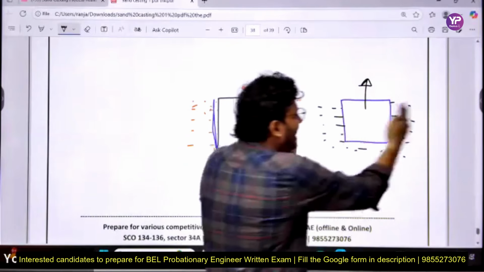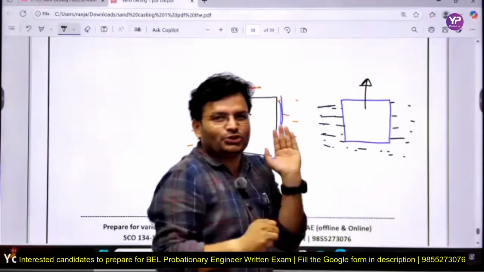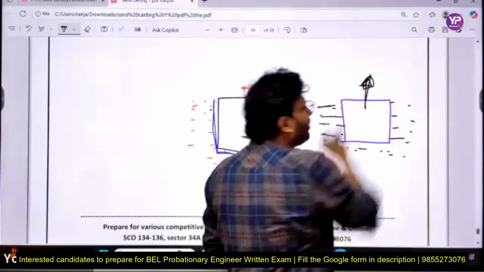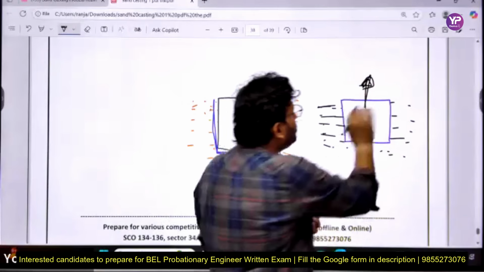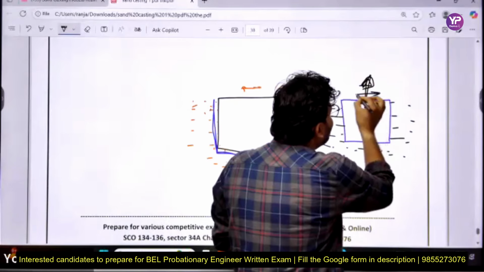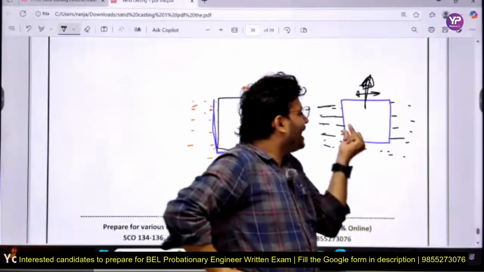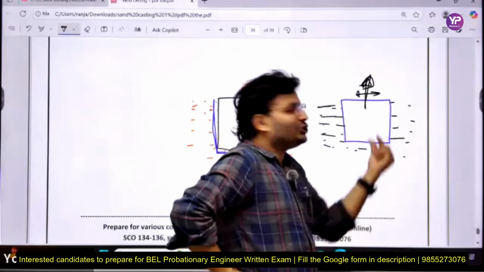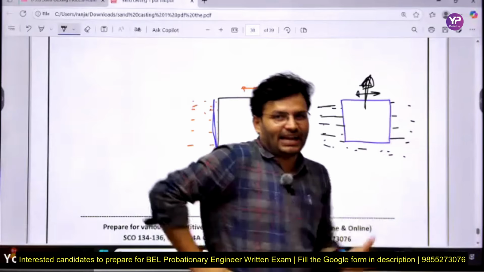So before removing, I will move it a little left and right, so that the gap increases a little bit, and it will be easy to remove the pattern from the cavity.